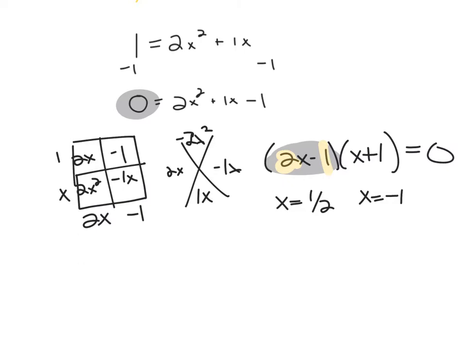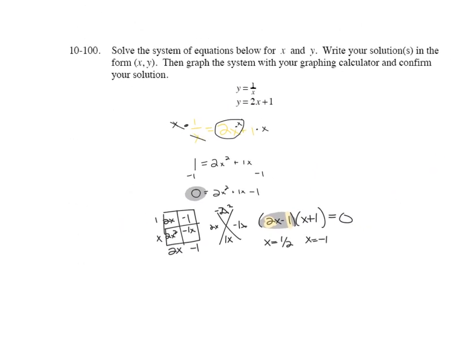These are the x coordinates, but we did not follow the directions yet and find both x and y and write them in coordinate form. So our final answer is going to be a coordinate of 1/2 comma something and -1 comma something. The way that I find those y coordinates is I go back to the original equation and plug in my answer for x to calculate what the y coordinates would be.